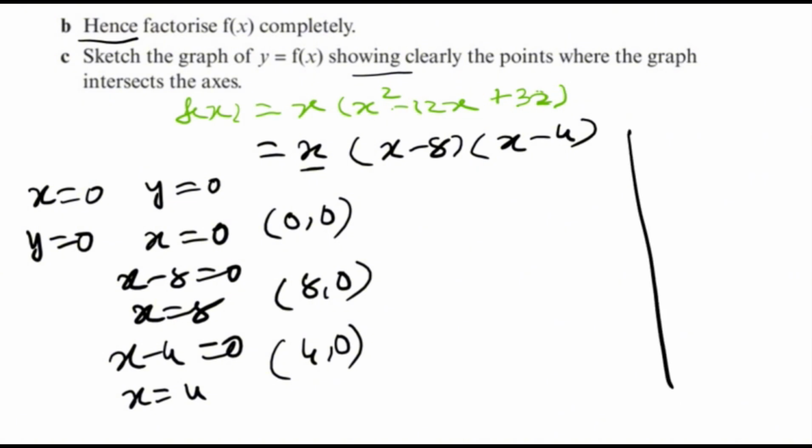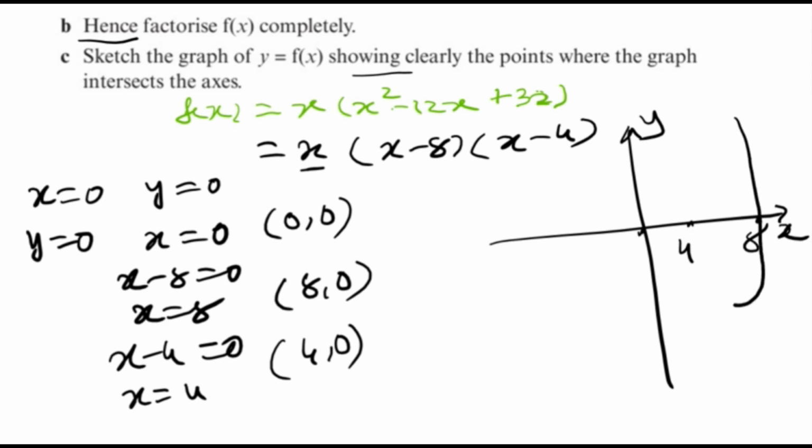Now let's sketch the cubic graph, x-axis, y-axis. First we are putting the point 8, 0. This is 4, 0, and this is 0, 0. So we can draw like this, right?